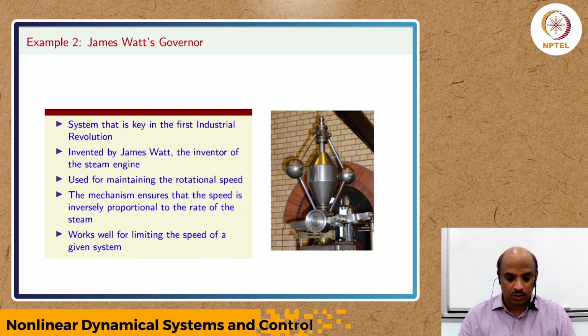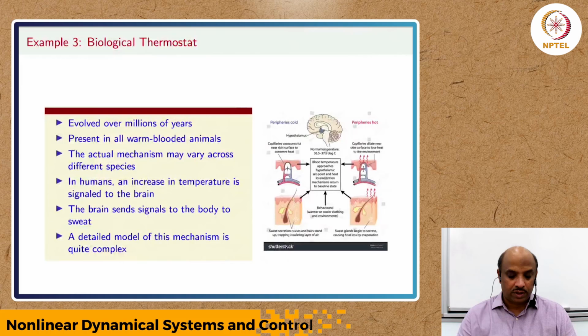Whenever they go away from the center, there's a mechanism that will stop the steam coming in, and whenever it closes, more steam comes into the picture, increasing the speed. So again, you have a sensor and actuator, and in most of these cases, the entire mechanism is such that whenever the sensing happens, the actuator automatically does something.